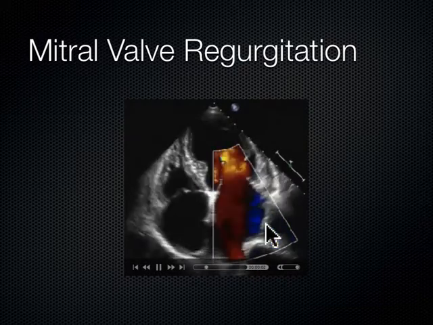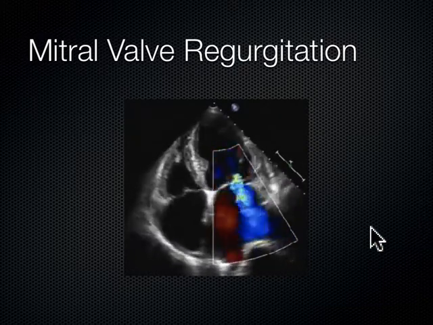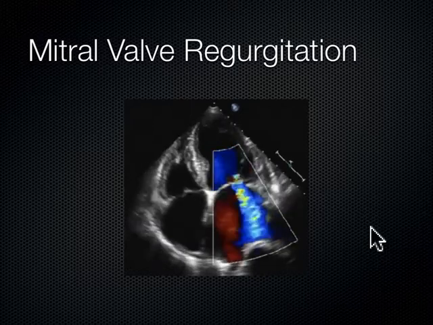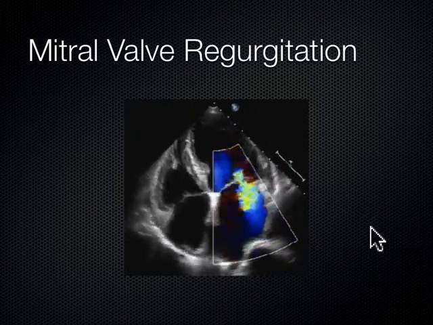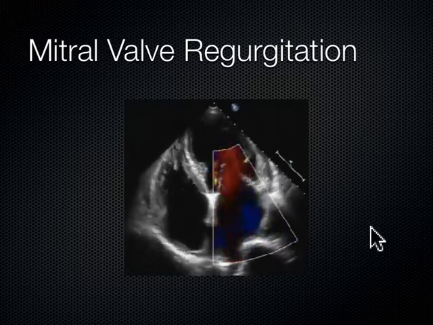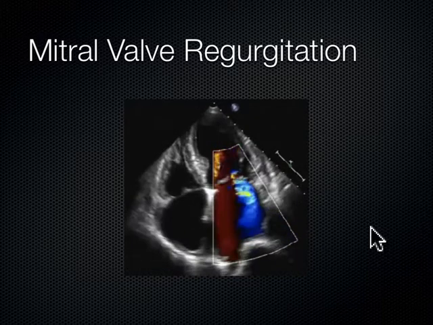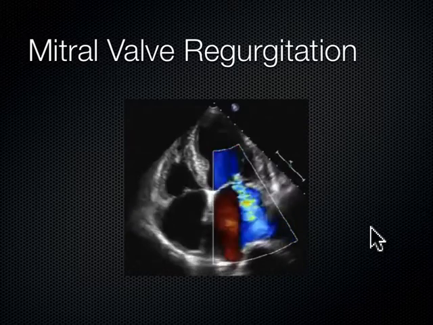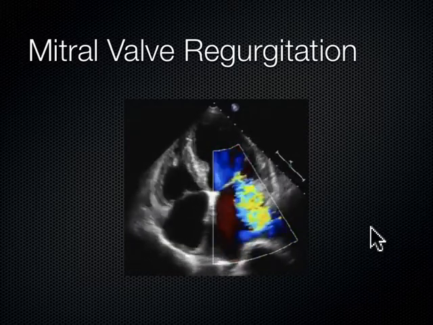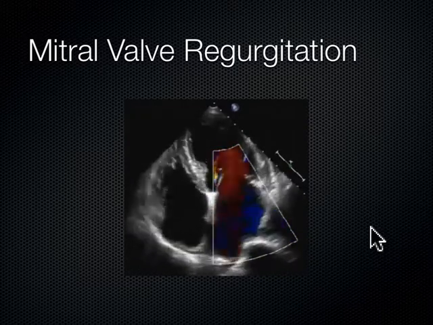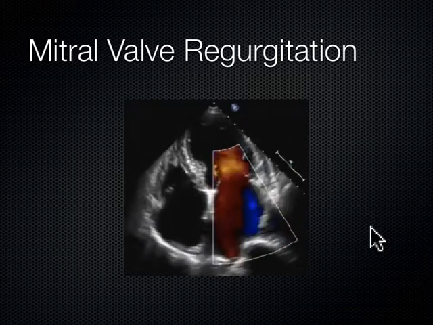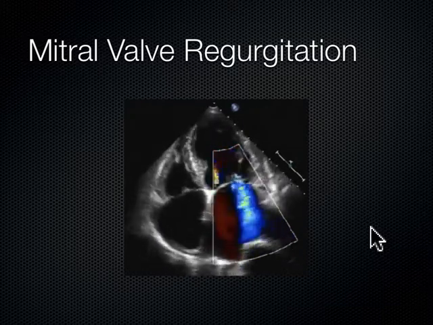So this blue jet that we see here coming into the left atrium and smacking into the far wall of that left atrium, this would be somewhere around moderate to severe mitral valve regurgitation, because during systole we shouldn't see that blue jet slamming back into that left atrium.